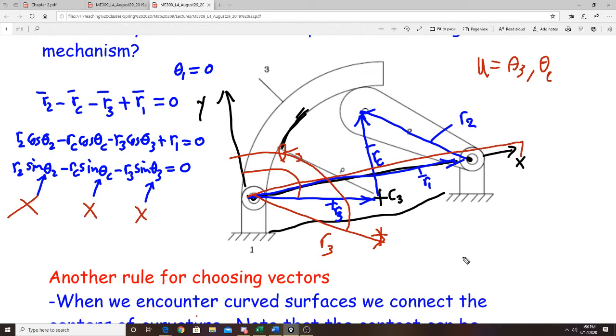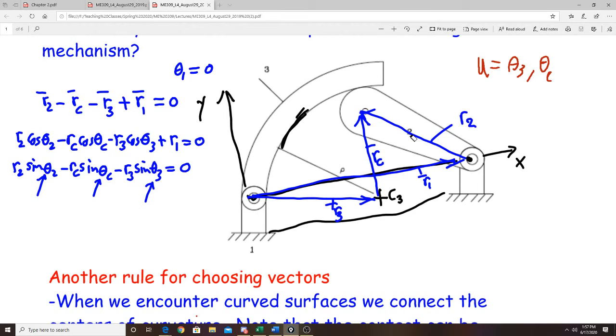But remember, this vector loop, this is another thing that I probably should have made more clear, is that these vector loops are changing every step of the way. Obviously, we can't draw them like a flip book and show them as they're changing the whole way through. I mean, you can on Autodesk, but since we're looking at a stationary picture, this is what the vector loop looks like now. But if we turn this thing even 20 degrees, it could look like this, you know?